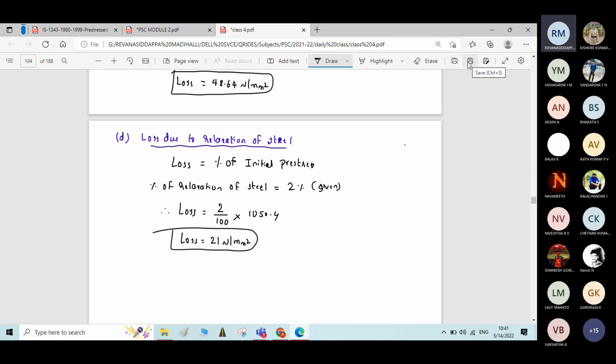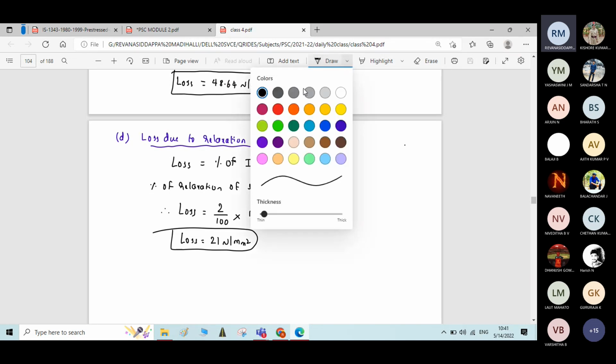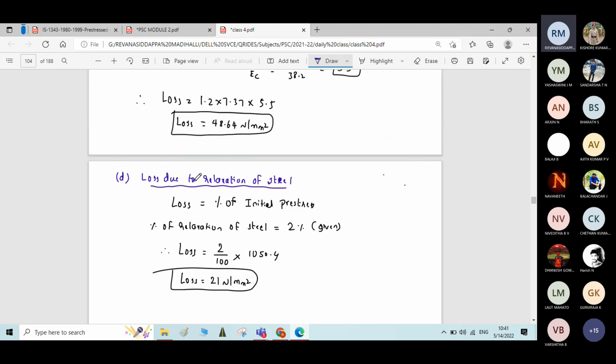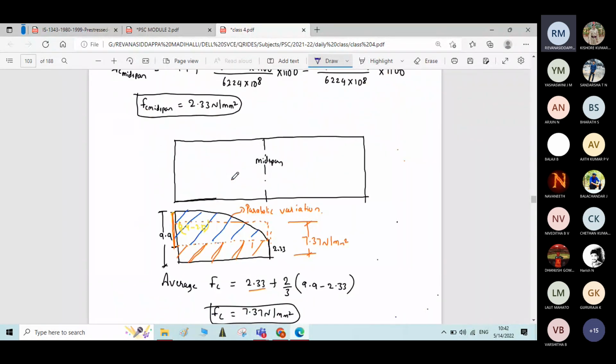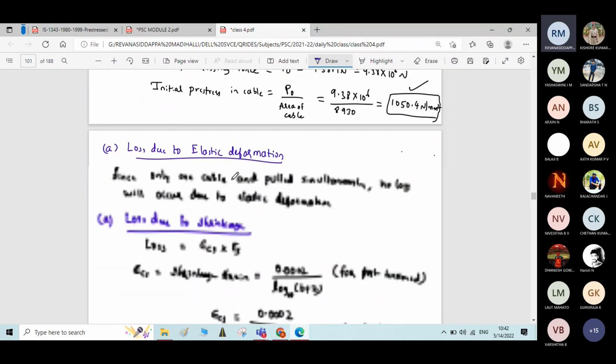Very simple calculation. Next type of loss is due to anchorage slip, correct? Loss due to anchorage slip. See, for a post tension member, all the losses will come into picture, provided the bars are stretched one by one for calculation of loss due to elastic deformation.